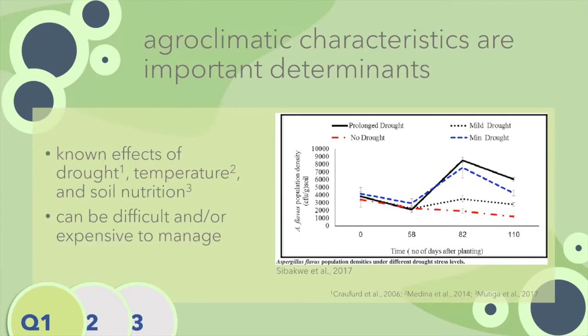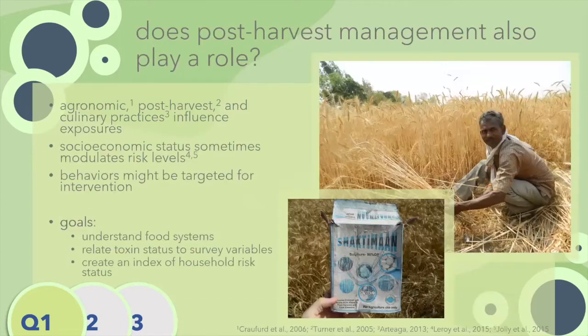And so we wanted to understand to what extent post-harvest management, and particularly post-harvest behaviors, might be useful for identifying intervention opportunities that come at lower cost to farmers than combating the elements pre-harvest.